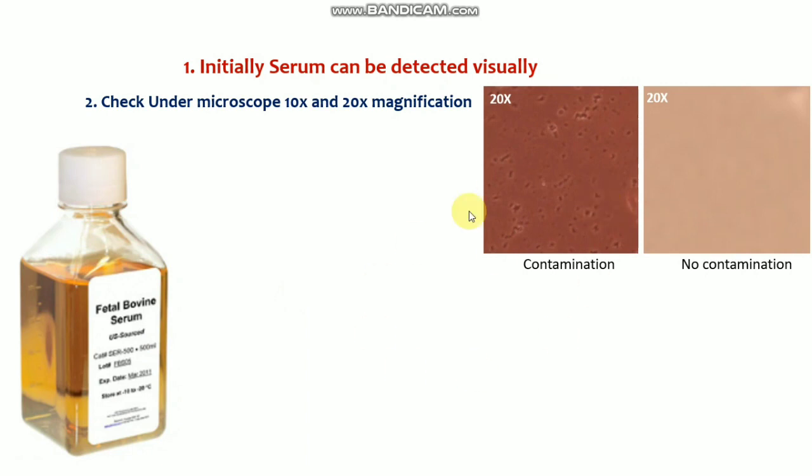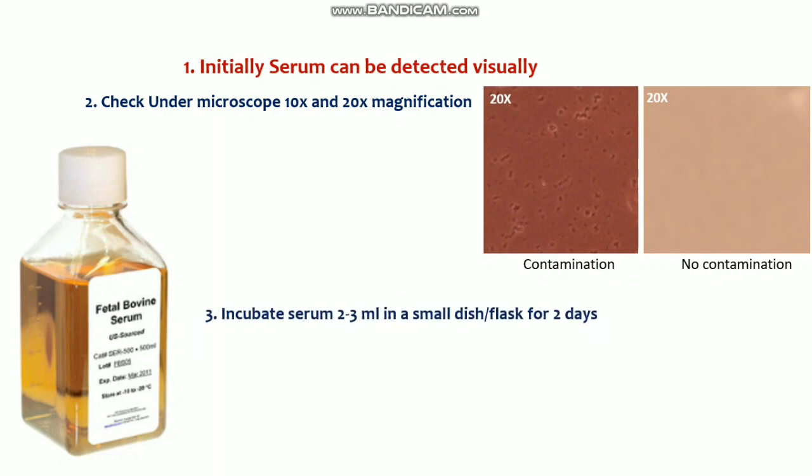As you see here, I did this for my serum and found this kind of contamination. Here you can see in 20x magnification this kind of noisy background. This noisy background is the contaminant. So there is something inside the serum, and you need to discard this serum.